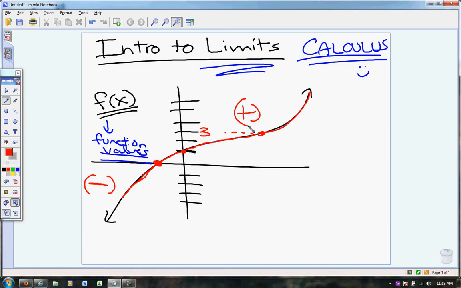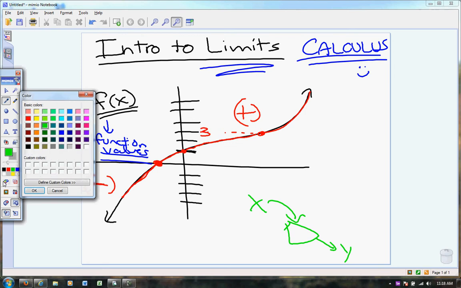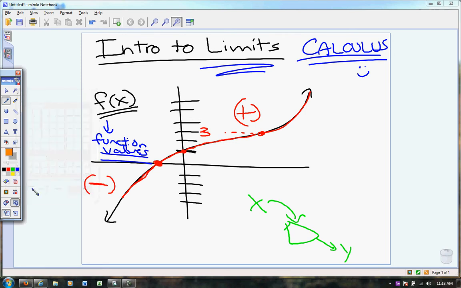Remember the function machine? Aren't there two pieces to a function? You put an x in to the function machine, whatever that is, and you get out a y. So all of this is related to x values. So we could say as these x's are increasing, on this particular function, the y's are increasing.